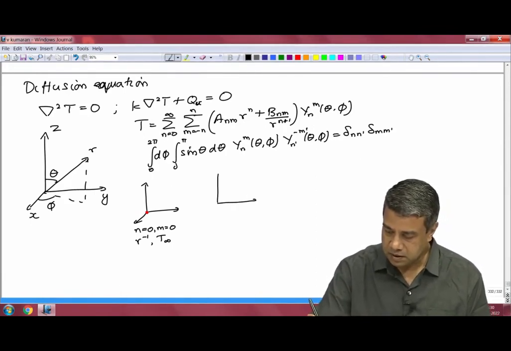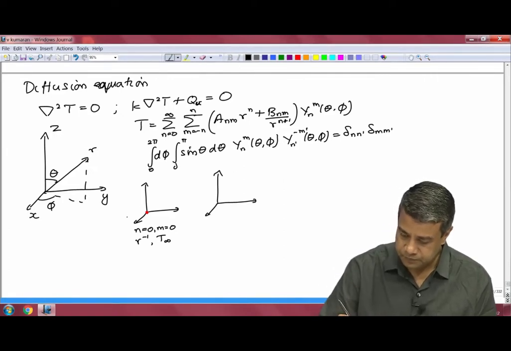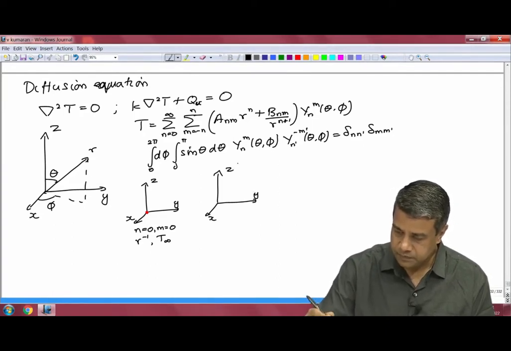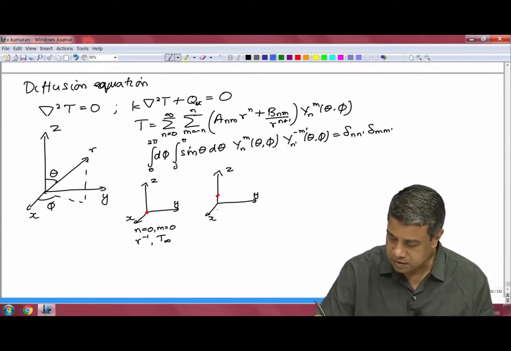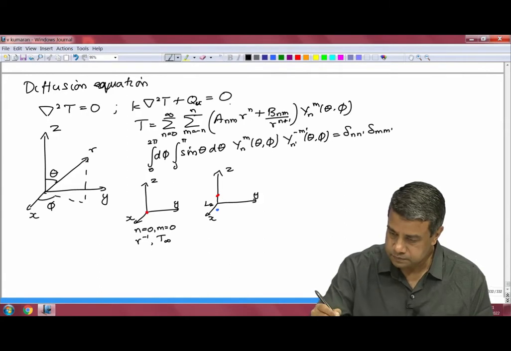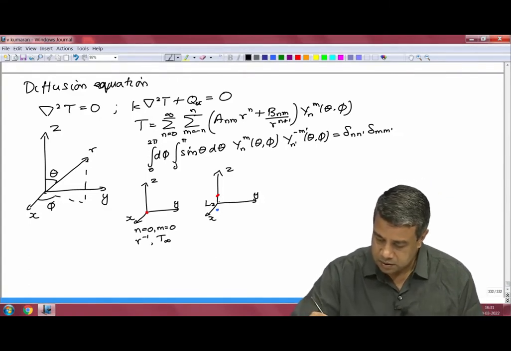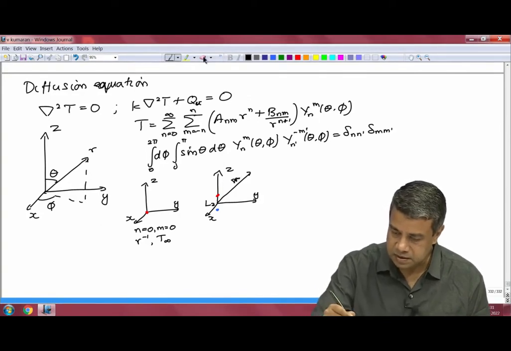Then I had dipole solutions. These were point sources and sinks of equal strength separated by a small distance, a distance that is much smaller than the location of the observation point, in the limit as L z is small compared to r.